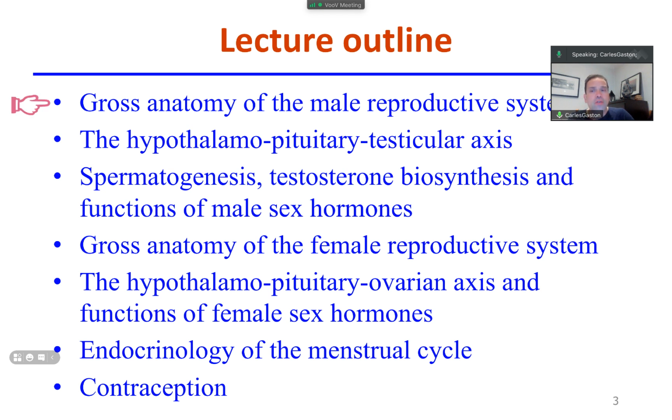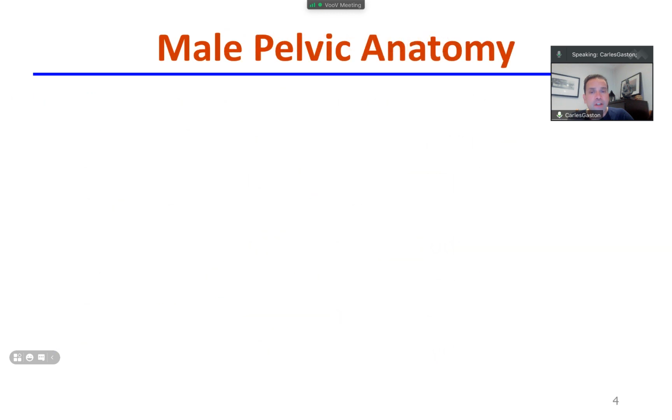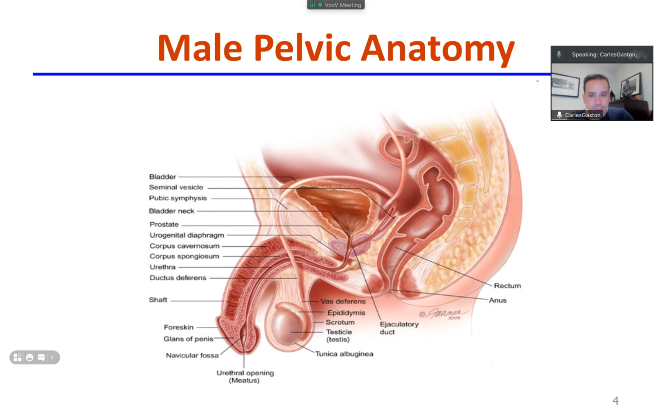So if we go into the gross anatomy of the male reproductive system, obviously it is in the pelvic anatomy, and we have here a sagittal section. If we start, the main reproductive organs that produce the endocrine hormones are the testes, which lie outside of the abdomen.